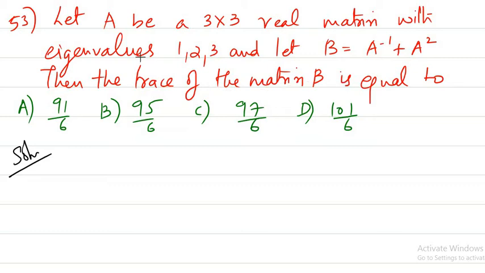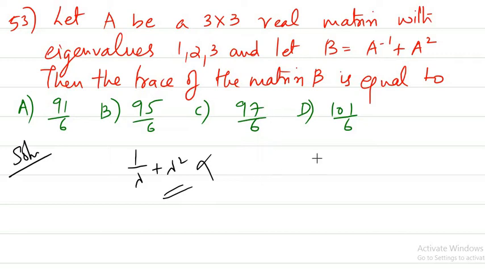Suddenly what comes to our mind is: just now we learned that if lambda is an eigenvalue of A, then the eigenvalue of B will be 1 by lambda plus lambda square, since A inverse corresponds to 1 by lambda and A square corresponds to lambda square, and you will do the problem directly. That is in fact not a true thing.